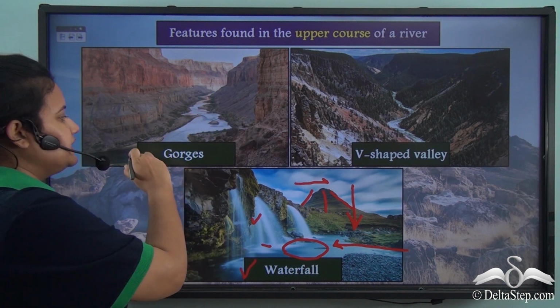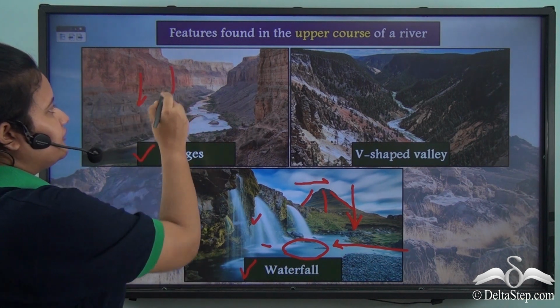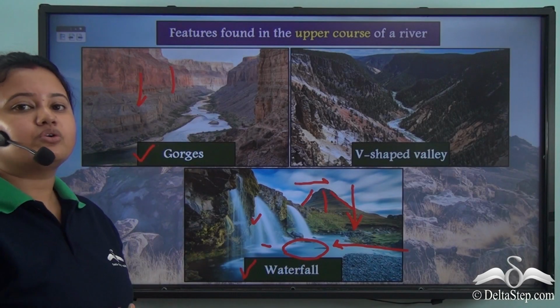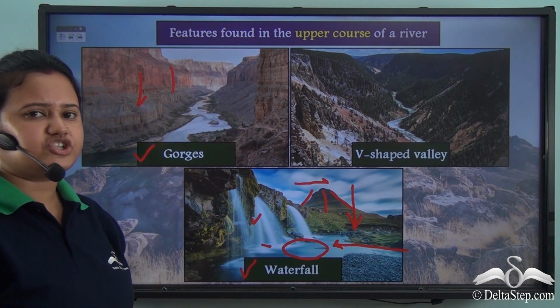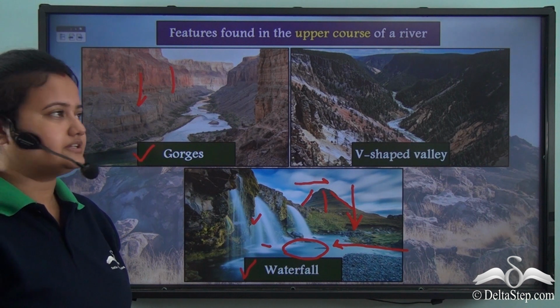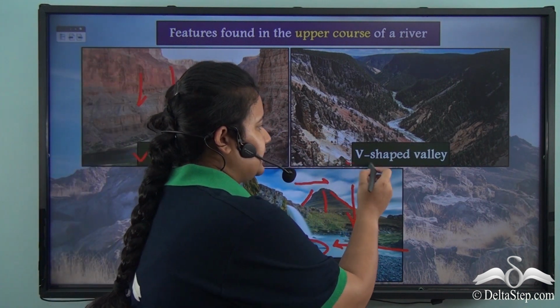The first one is the gorge. A gorge is a steep walled valley found in the upper course of a river, and it is formed when the rock in this region is very hard and resistant. The second type of feature is V-shaped valley.